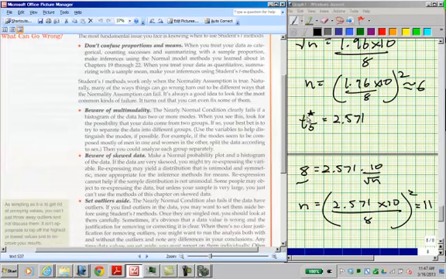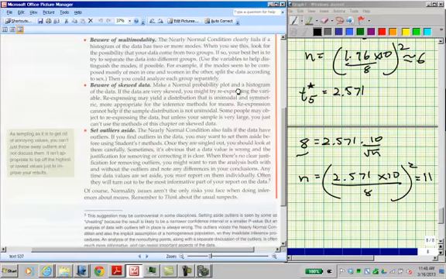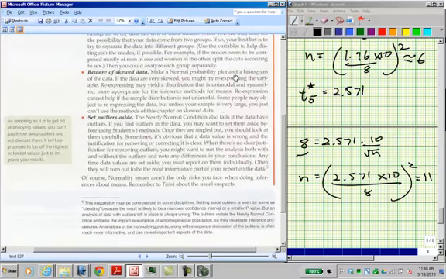And one of the things we're going to start doing is every time we run a test, we're going to name what we're doing. We're going to name the test. I've been deficient in making you do that. Beware of multimodality. Multimodality means you've got more than one population dealing with at a time. Beware of skewed data. If the data is too skewed, you can't use a t-distribution on it.